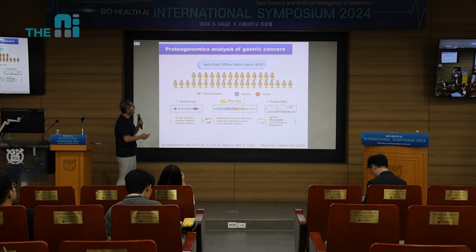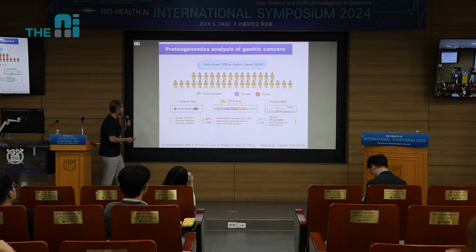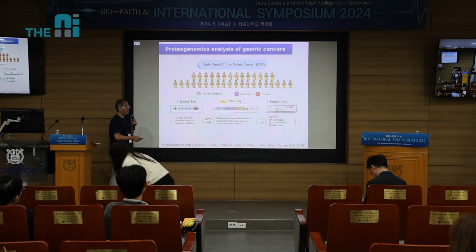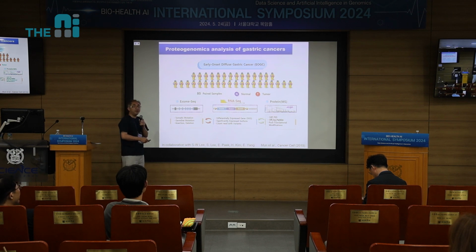And for each tissue sample, normal or tumor, we generated the exome sequencing data to identify the mutation, somatic mutation, so tumor-specific mutations, and also the RNA sequencing data to identify the genes, mRNAs, upregulated predominantly in the tumor, and also the proteomic analysis.